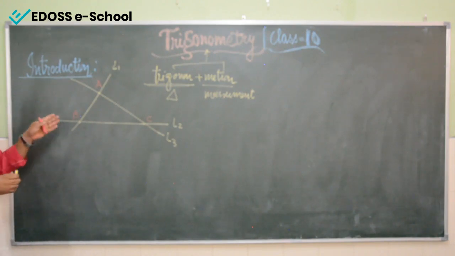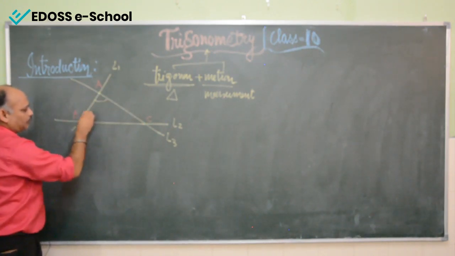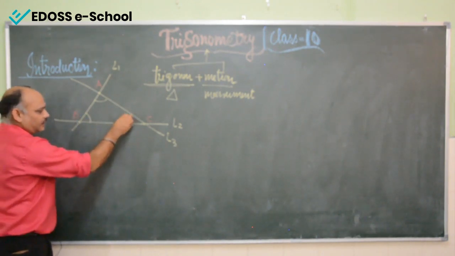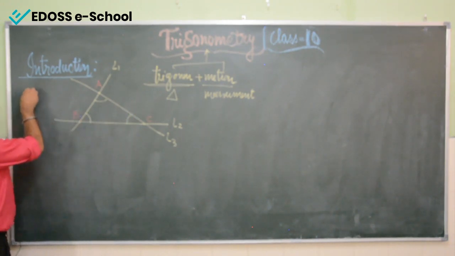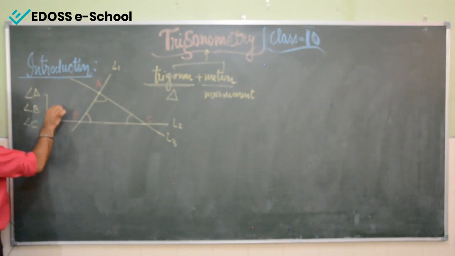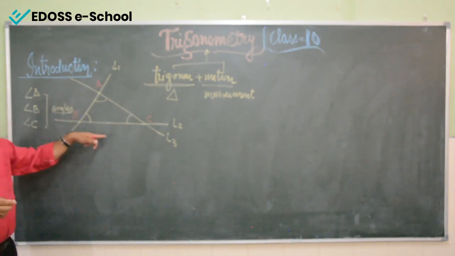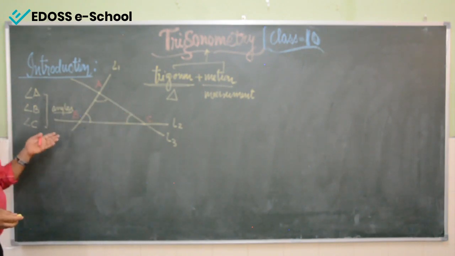Now these two lines make an angle A, an angle B, and an angle C. Then angle A, angle B, and angle C are the angles of triangle ABC.